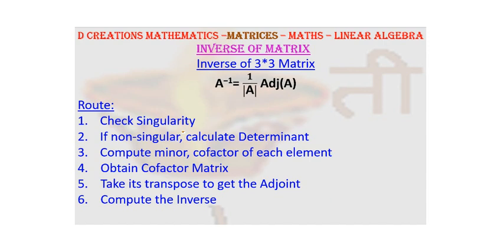And then finally substitute the adjoint here, determinant in the denominator, and you get the inverse of the matrix. Now let us solve an example so that you see you don't have to mug up this particular route. Just look at the example, understand what we are doing, and this will be very easy.